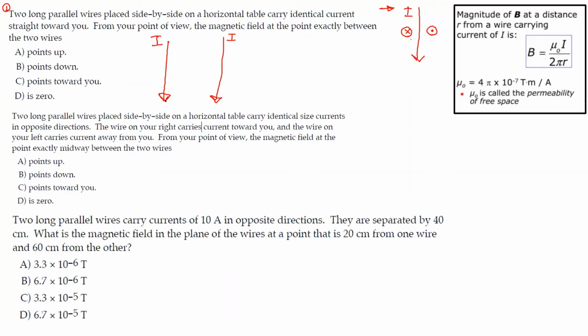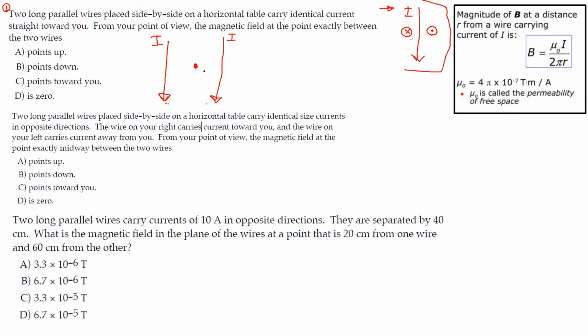Now I have 2 of such wires here. We need to find the magnetic field right in the middle. What I'm going to do is compare this wire and this position to the reference diagram.